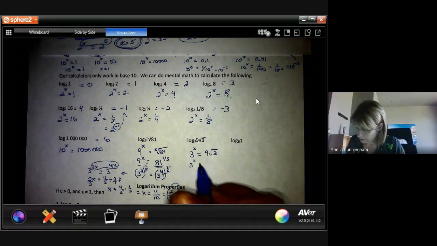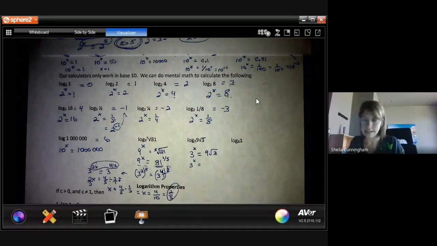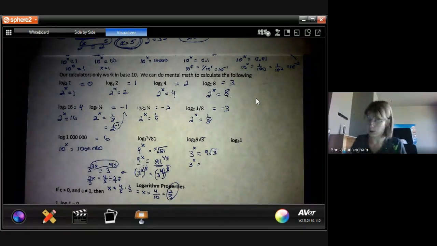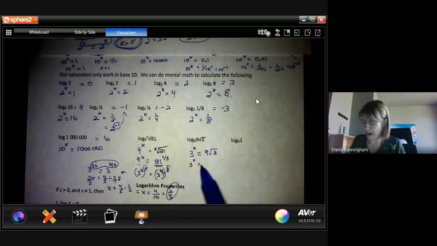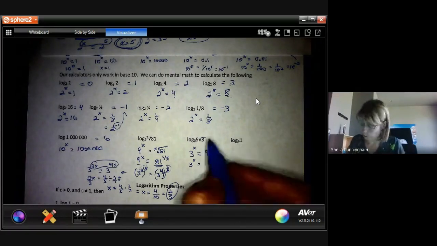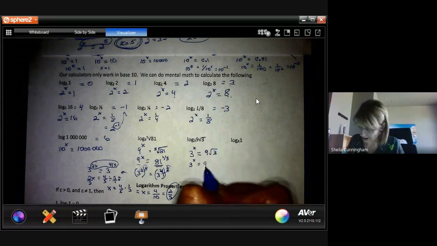So I've got 3 to the power x on that left-hand side. It seems as simplified as I can do. So my goal now is, if this is a base of 3, I need to get everything over here to be represented as a base of 3 as well. So right now I've got a 9 and I've got the square root of 3.